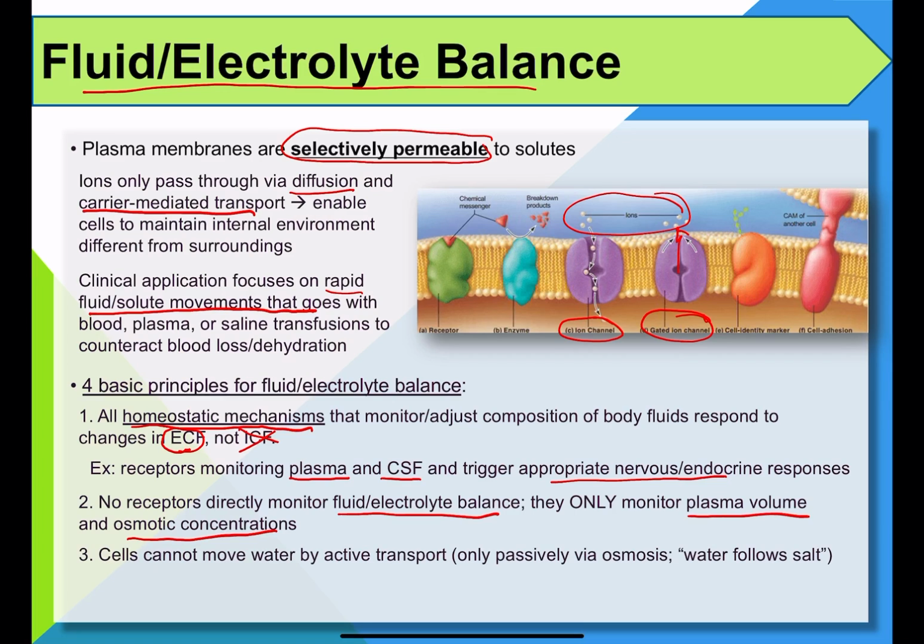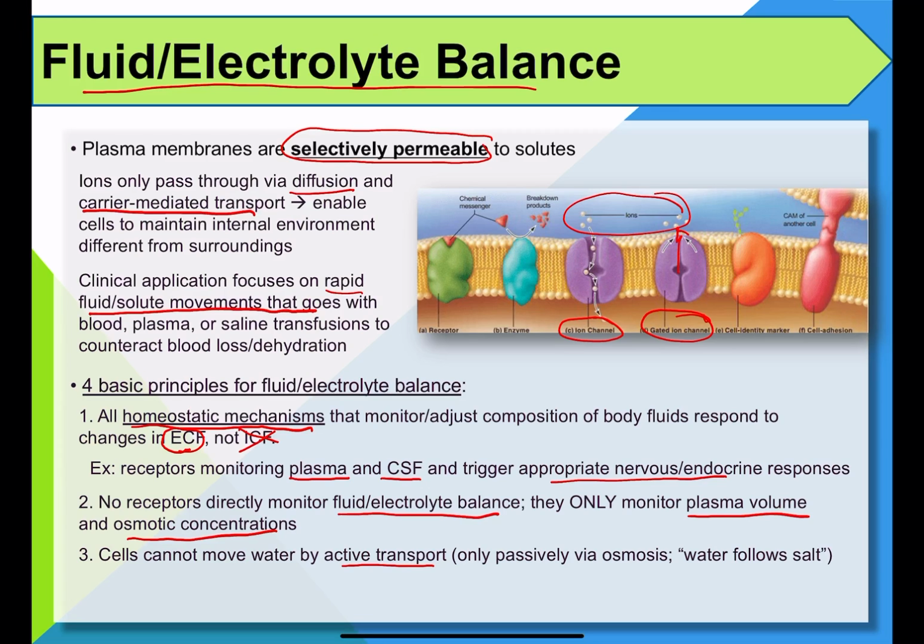Third point is cells cannot move water by active transport, okay? Even though when we talked about the insertion of aquaporins within the collecting duct and DCT of the nephron, those are not water pumps. They are just water channels that allow water to flow through according to osmotic concentration. It is not pumping water from one place to another.